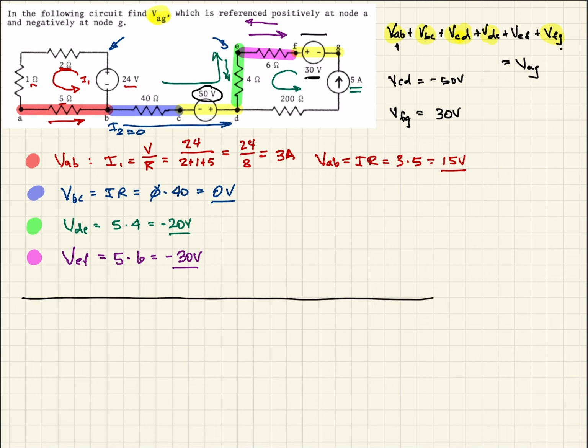So we know that VAG, which is what we're looking for, should be equal to VAB.